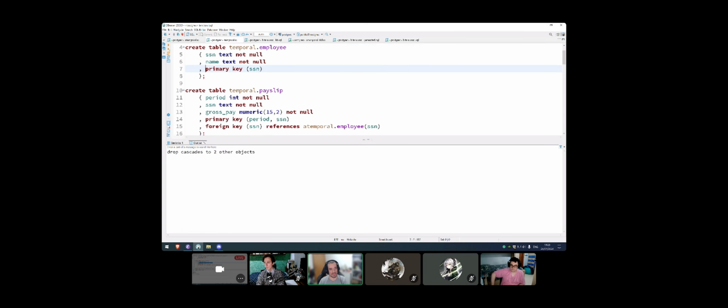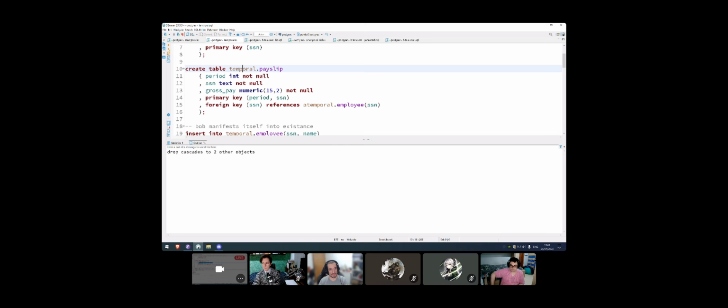So what's the difference between the two, right? Now we have the periods in the payslip relation. So now we record when this payslip was generated or due, whatever the business implication is. And this is valid time in some sense.